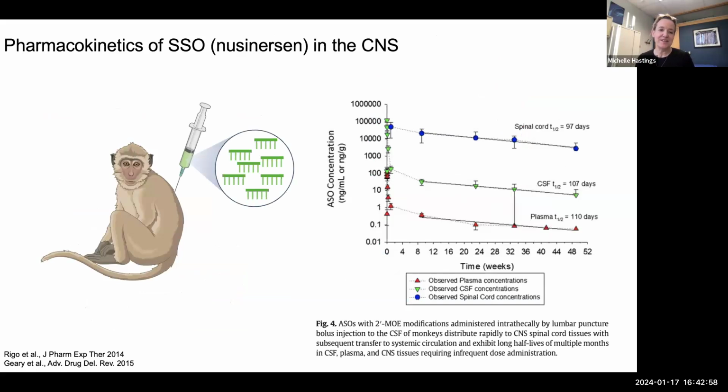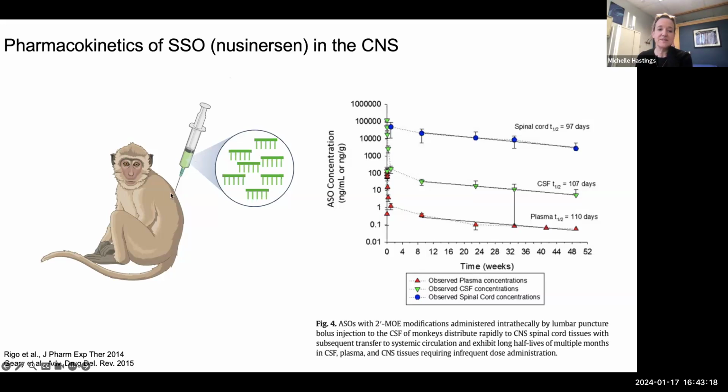In terms of pharmacokinetics, this is another really important feature of oligonucleotides. This was a study done with nusinersen, Spinraza, which is the FDA-approved treatment for spinal muscular atrophy, the first splice-switching oligonucleotide in the CNS.